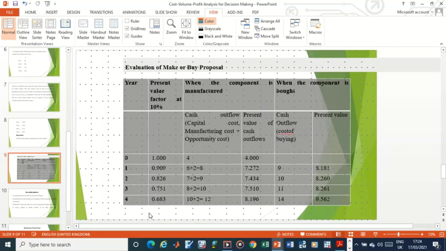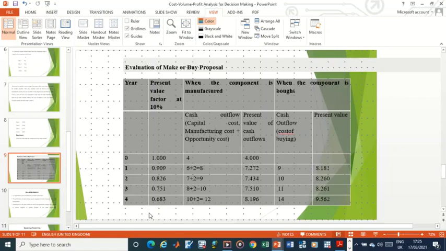Management cannot just decide whether to make or to buy a product without going through the quantitative method. Now that we have calculated the cost implication, we can conclude that it would be better for Adefolaju to purchase these products outside.